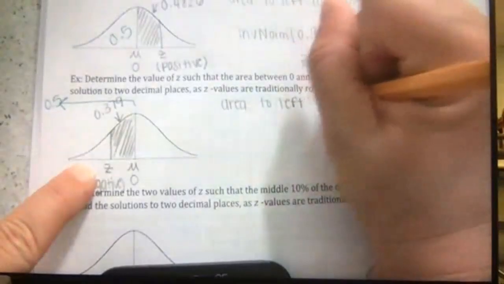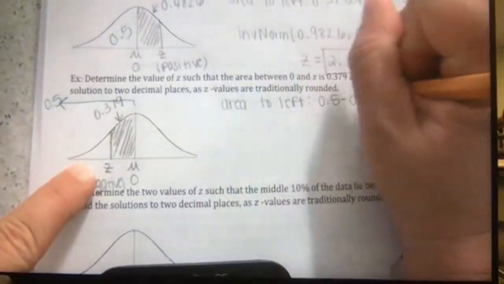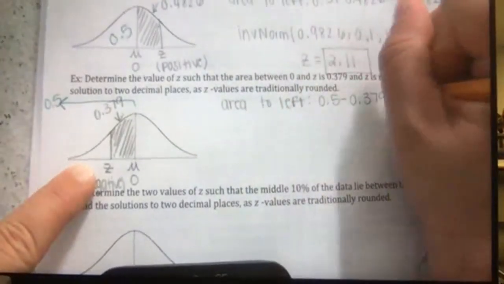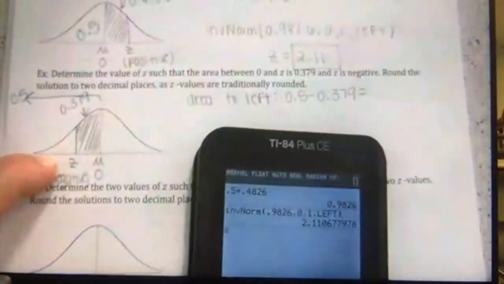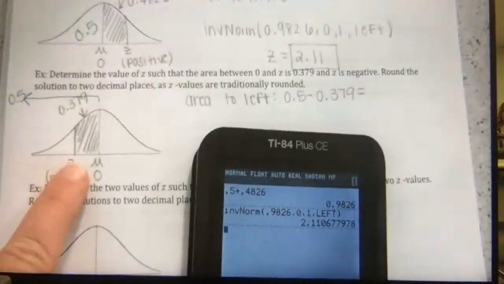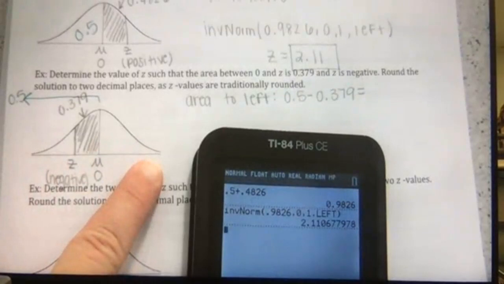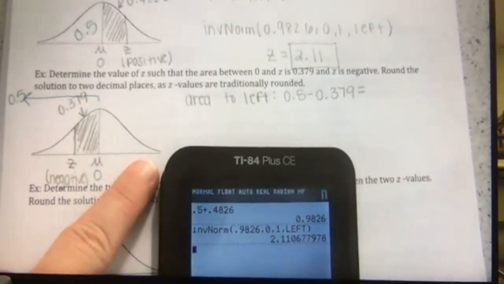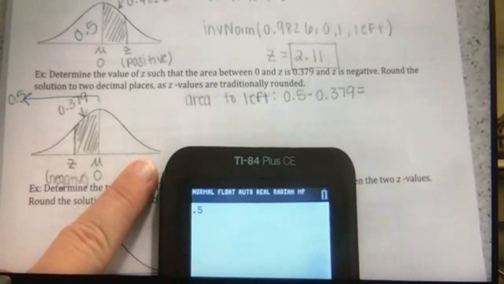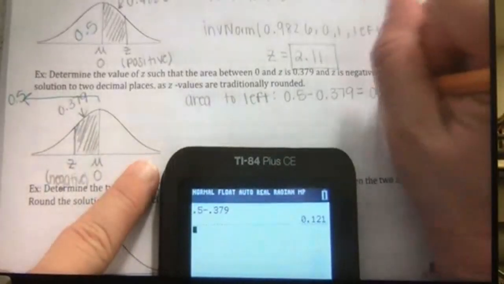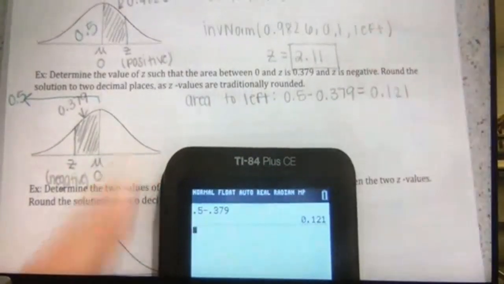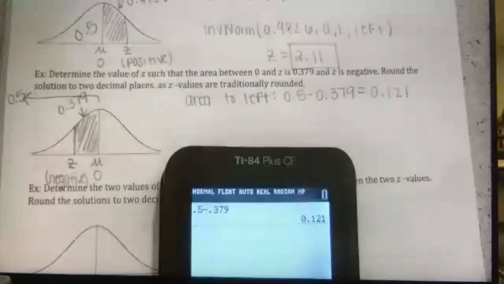So 0.5 minus 0.379. If you have a calculator like mine where it gives you the option for left, right, or center, you can do area to the right by adding 0.5 if you would like to. Totally up to you. It's half a dozen one way, six the other. Doesn't really matter. So 0.5 minus 0.379 would give us 0.121. So that means this area to the left is 0.121.